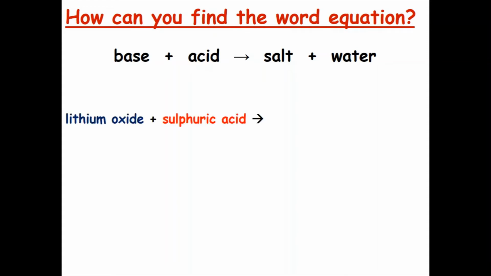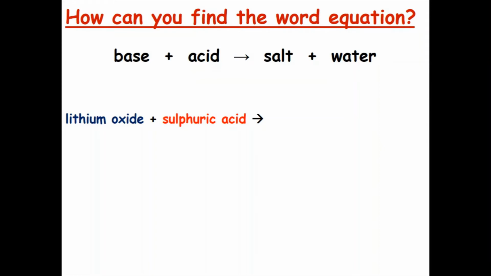Now we can move on to finding the word equations. I'm just going to remind you that the general word equation is base plus acid reacts to salt plus water. So if we have a reaction where lithium oxide and sulfuric acid react, we can just write those two down as lithium oxide plus sulfuric acid, draw the arrow, and now we have to find out what the name of the salt is.